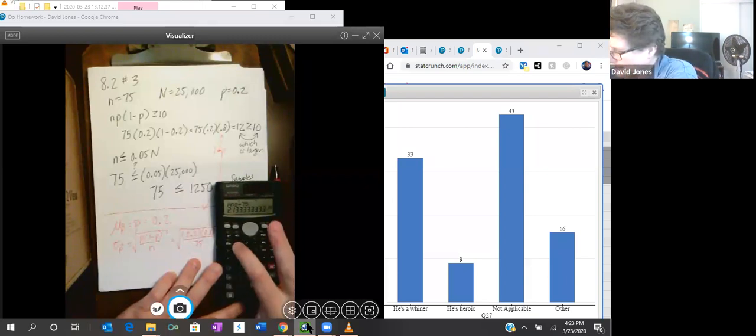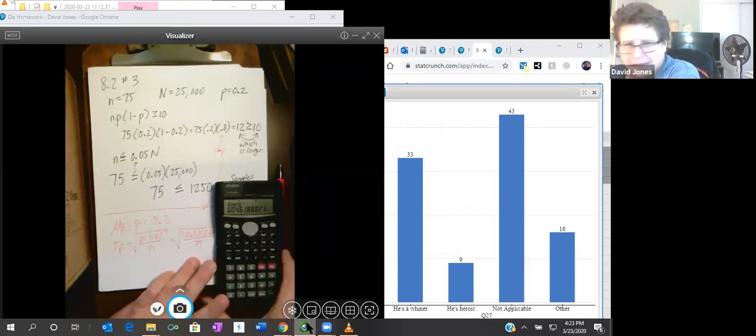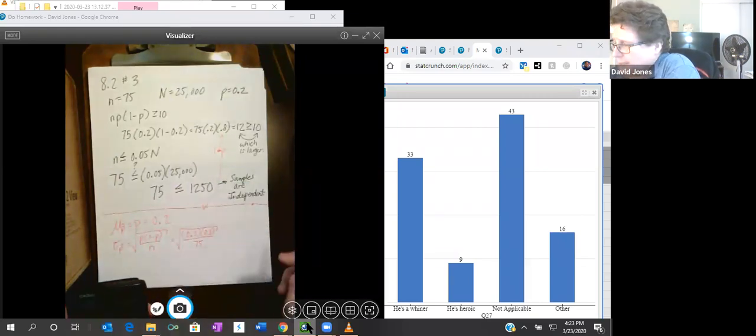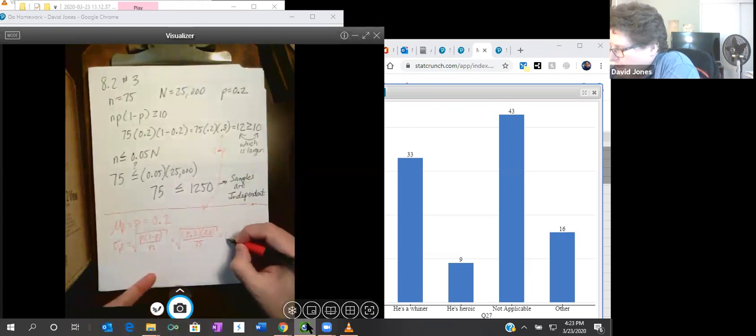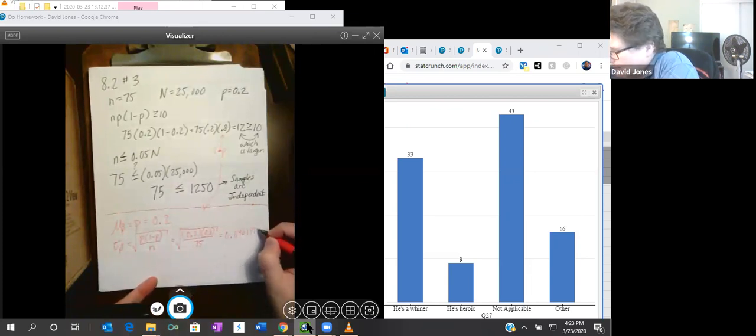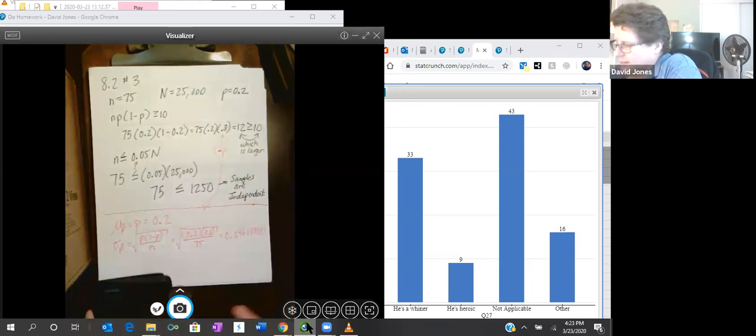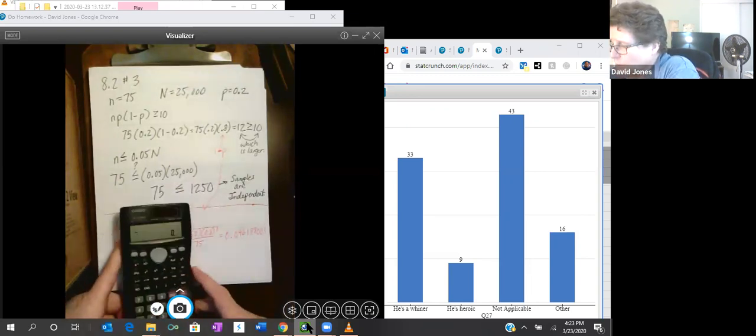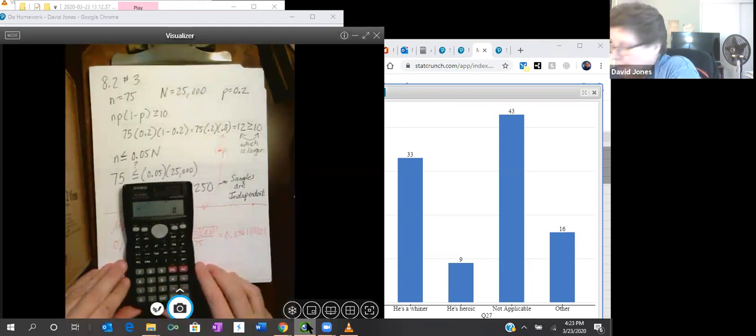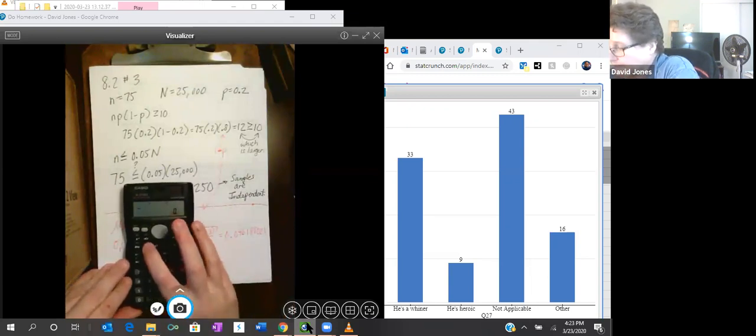And then I'm going to take the square root of my answer. This gives me 0.046188021. I don't know how many decimal places StatCrunch is going to want.